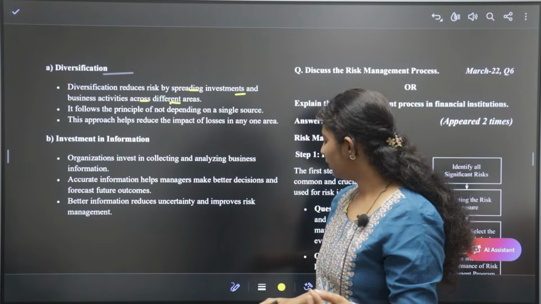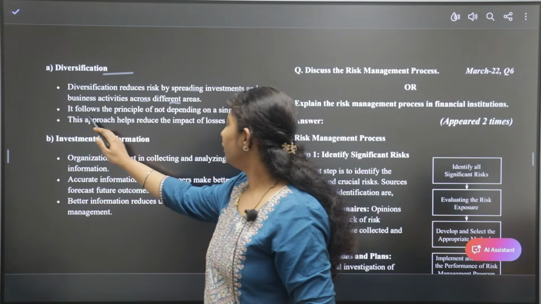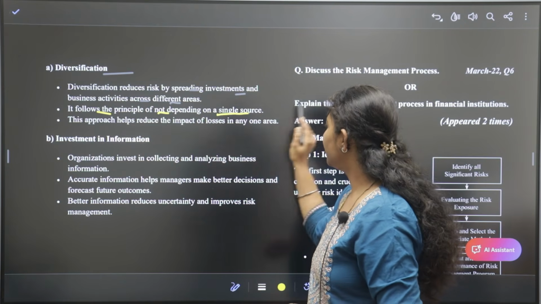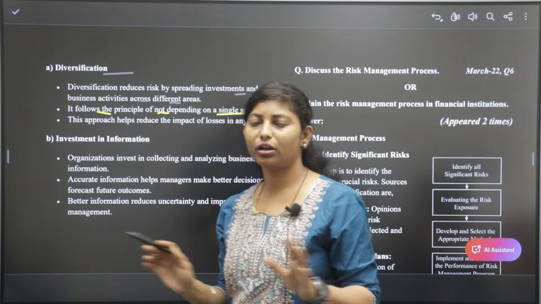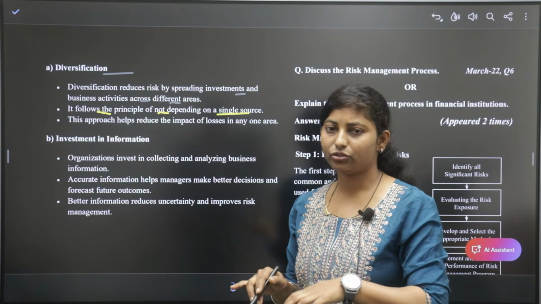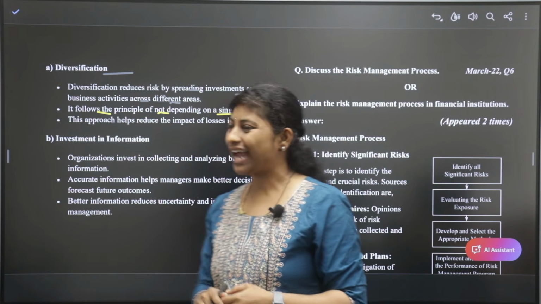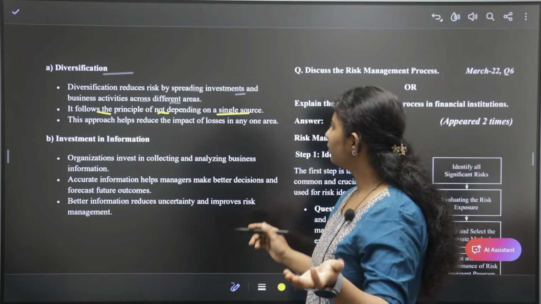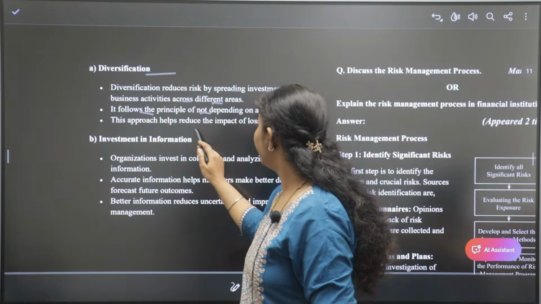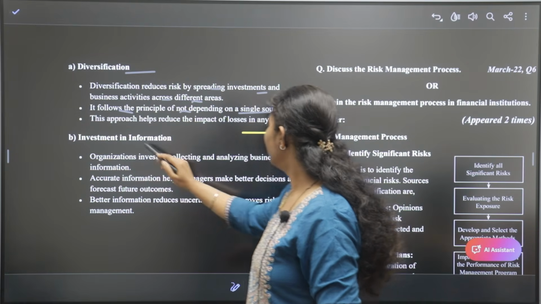It follows the principle of not depending on a single source. We are not dependent on a single source of income, because we are investing in various different assets. So we are not depending on only one thing, and this approach helps reduce the impact of losses in one area.